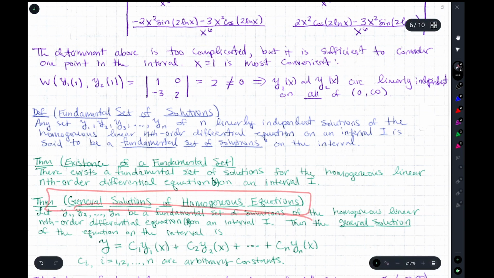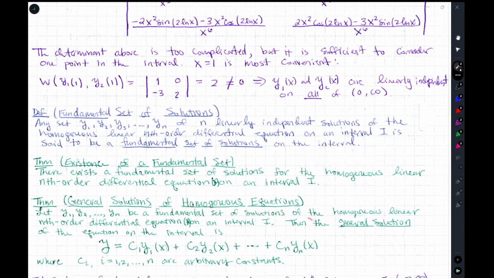This theorem here, it's very important, about general solutions to homogeneous equations. Now, what is a general solution? As you'll recall, a general solution is this n parameter family of solutions that you could express any solution as part of, okay?